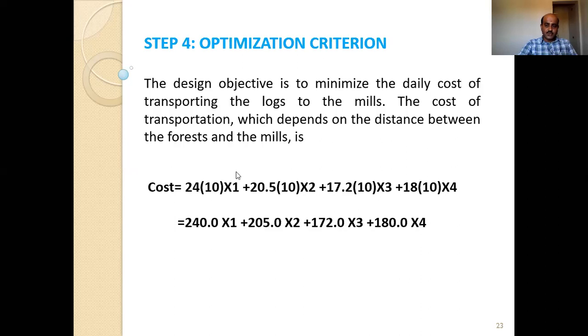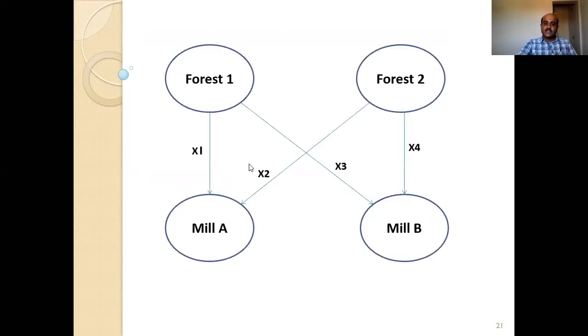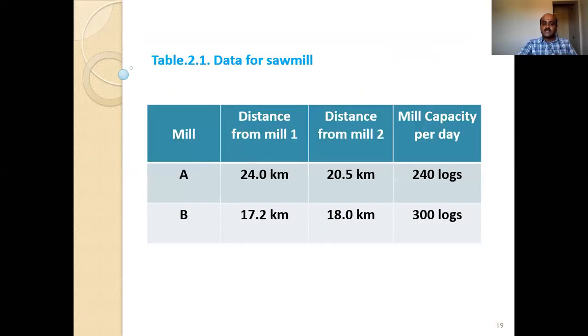What is this 24 into 10 into x1? This corresponds to the cost of transporting the total number of logs from forest 1 to mill A. What are this 24 and 10? The distance from mill A to the forest 1 is 24.